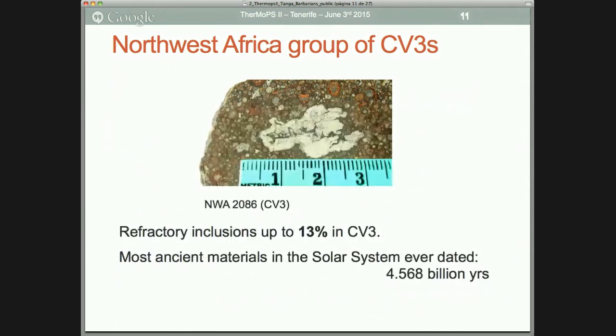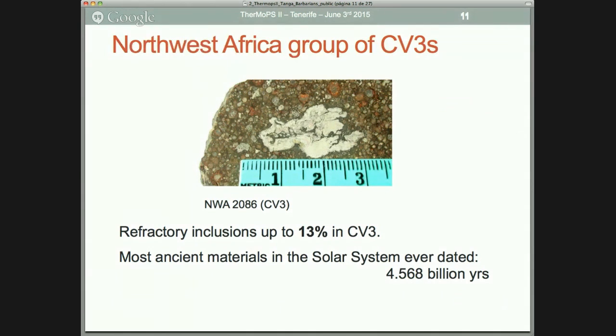Just to show you a picture of what I'm talking about, this is a very big CAI, calcium aluminum rich inclusion, of the type called fluffy, which has not been melted. So it contains a signature of very small grains, at sub-micron level, that probably condensed in the hot inner part of the solar nebula.